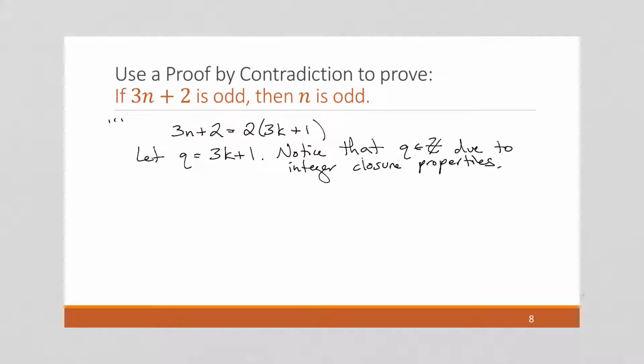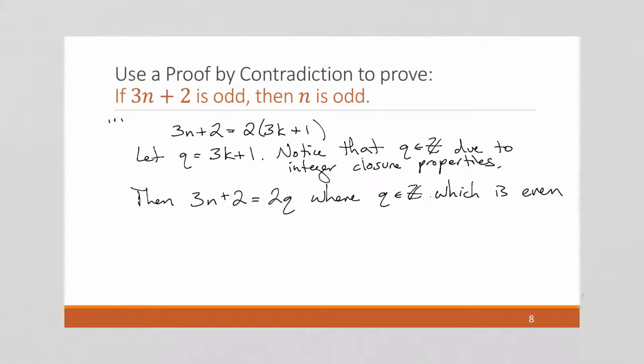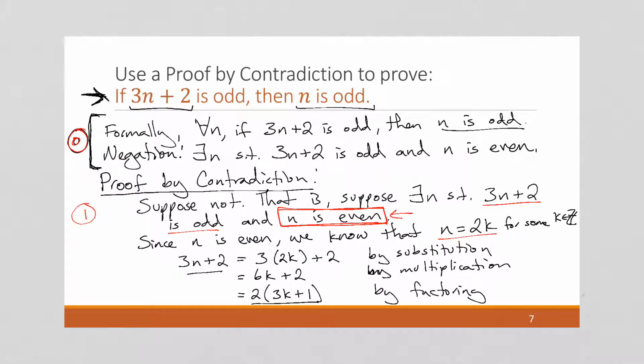Well, what does that give us? Then we know that 3n plus 2 is equal to 2q, where q is an integer. Well, that's the definition of even, that something equals 2 times some integer. But here's my contradiction. We said that 3n plus 2 was odd.